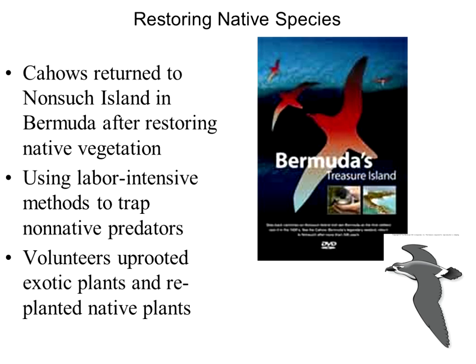And this was also an example of a restoration project that, like many, are heavily dependent on volunteers to uproot or remove exotic or invasive plants and then replant the native plants.